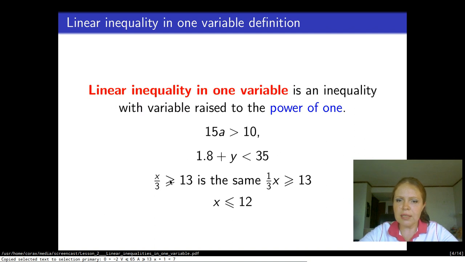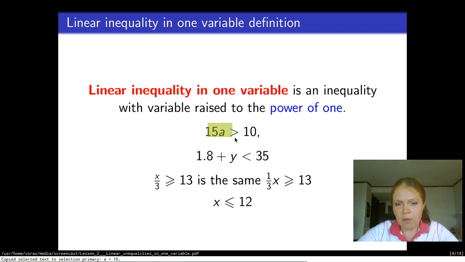A linear inequality in one variable is an inequality with a variable raised to the power of 1. Let's see what that means. For example, 15a is greater than 10. This is a linear inequality because the variable a is raised to the power of 1, not the second, not the third power, but 1.